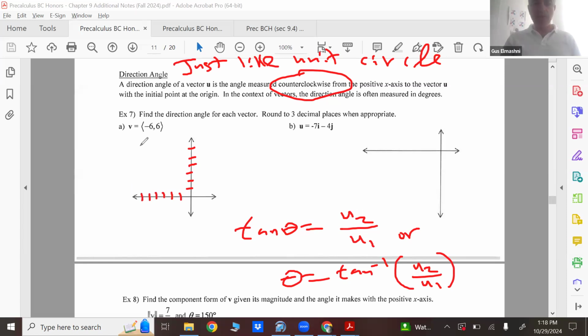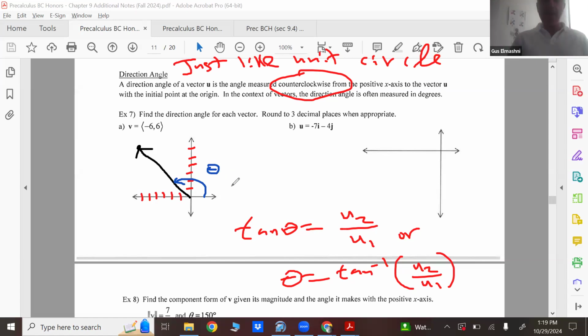So over here, your angle is going to look like this. So that's totally going to be unit circle type stuff. Sorry, not Pythagorean theorem, but tangent.